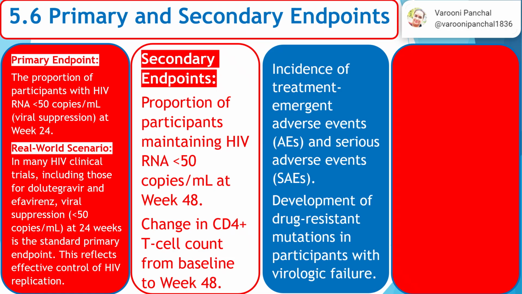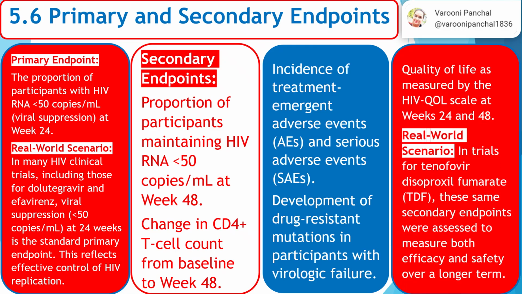Development of drug-resistant mutations in participants with virologic failure. Quality of life as measured by the HIV QOL scale at weeks 24 and 48. Real-world scenario. In trials for tenofovir disoproxil fumarate, TDF, these same secondary endpoints were assessed to measure both efficacy and safety over a longer term.